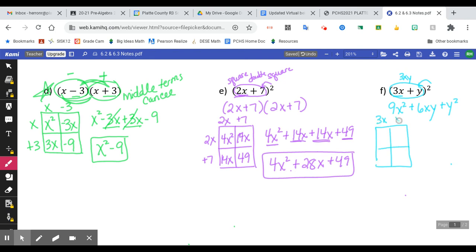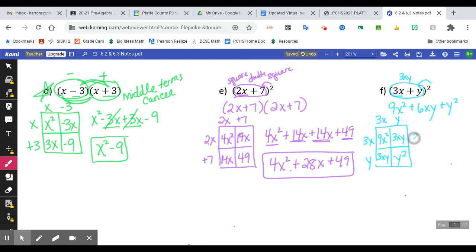So 3x plus y, 3x plus y. 3 times 3 is 9. X times x is x squared. 3x times y is 3xy. 3x times y again is 3xy. And y times y is y squared.